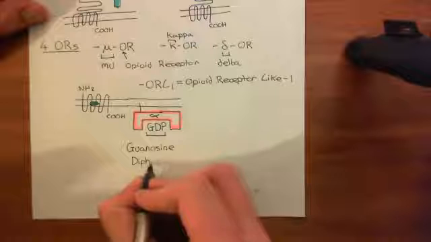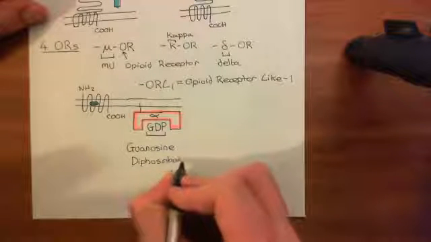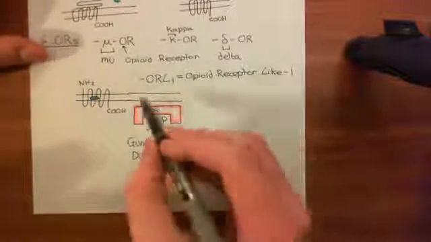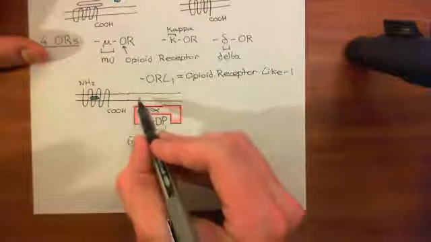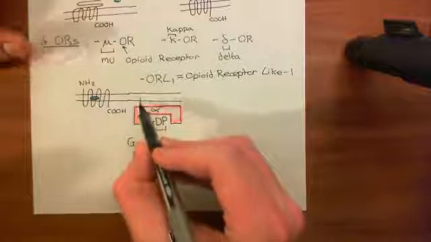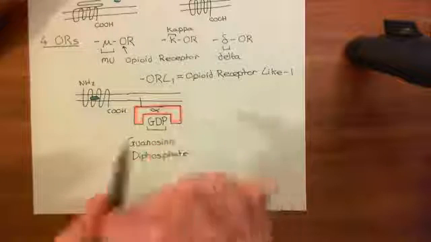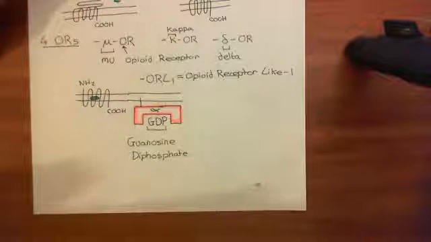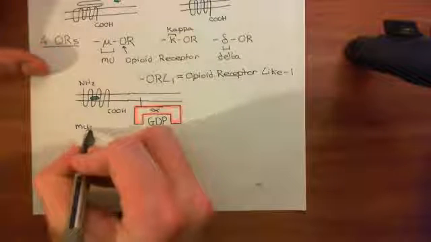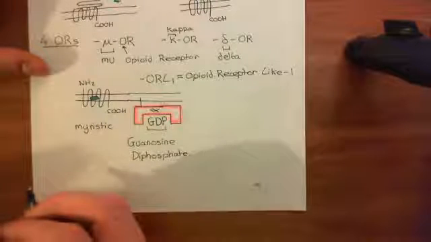Now, the alpha subunit of heterotrimeric G proteins also has a lipid modification. It has a lipid group attached onto it, which is what I've represented by this little line here. Alpha subunits of heterotrimeric G proteins can have either myristic acid molecules stuck onto them, which is a 14-carbon fully saturated carboxylic acid.